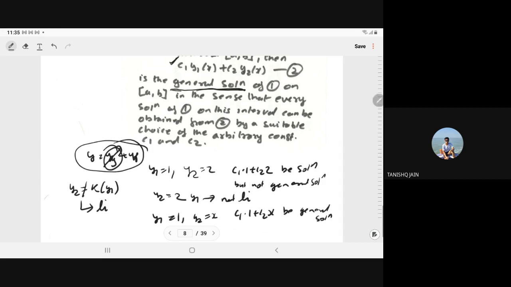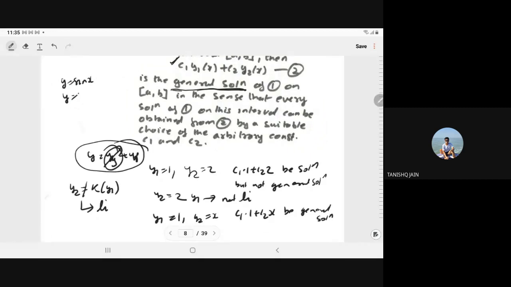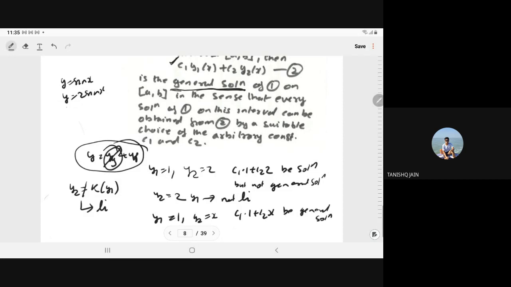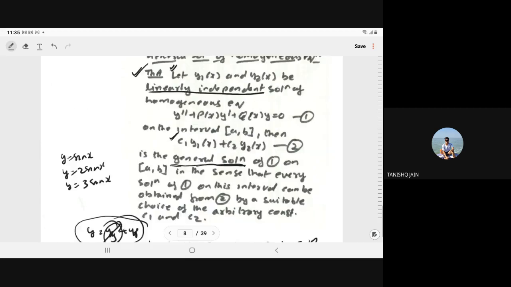If for any equation y is equal to sin x is a solution, then definitely 2 sin x, 3 sin x are all solutions of the same differential equation. But for writing the general solution, we have to determine another LI solution. So this theorem states this.